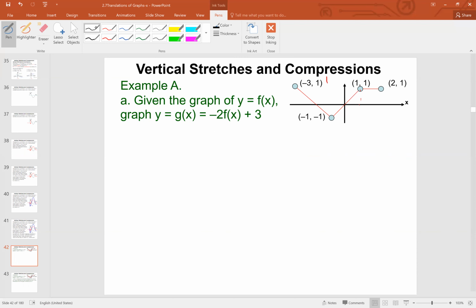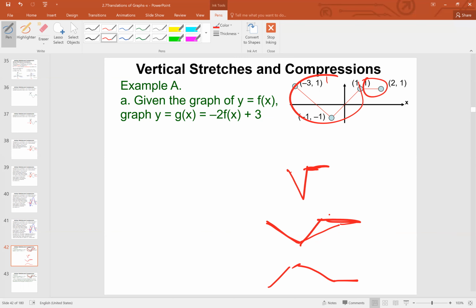One thing about translating graphs: with these types of operations, you basically get some kind of distorted version of the original shape. Maybe it flattens out, maybe it turns upside down, but it doesn't change the idea. It's a V shape with arms attached to it.